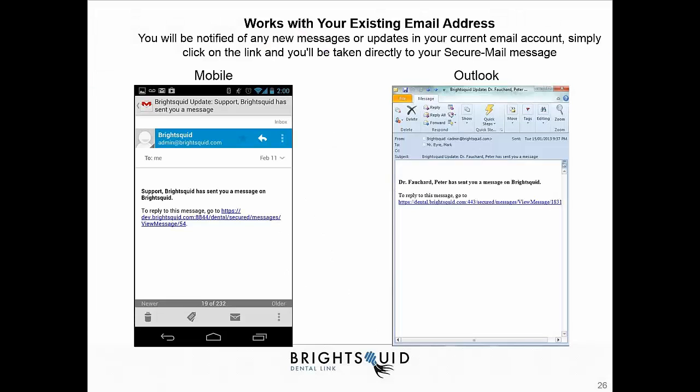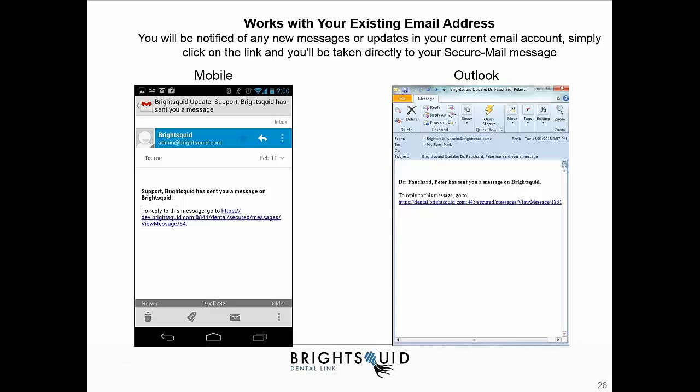So what we've got here is that we work with your existing email address, and basically what we do is make sure that even if you're monitoring everything through Outlook, and that's your normal email address, we will send you a link to your Outlook that says go check your message on secure mail. And so what you would do is you would simply click on this link that's in your message, and that would take you directly to that case so you can respond to it.